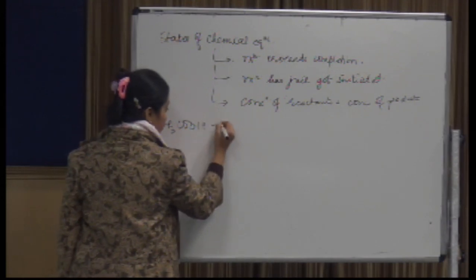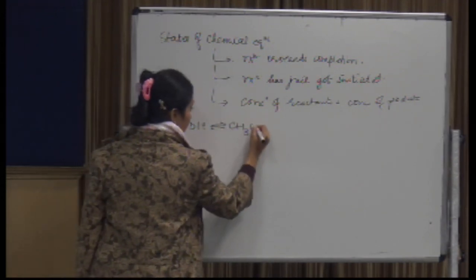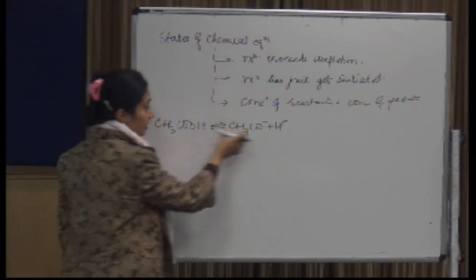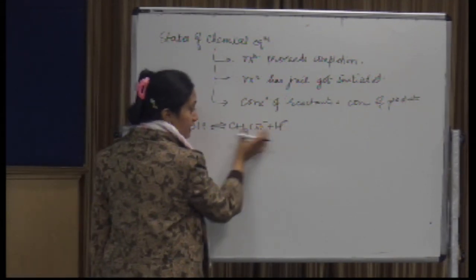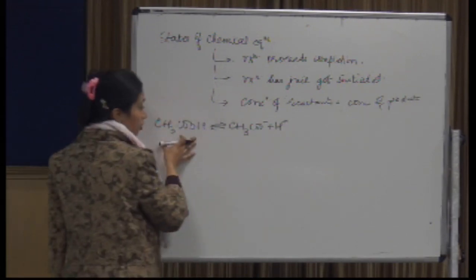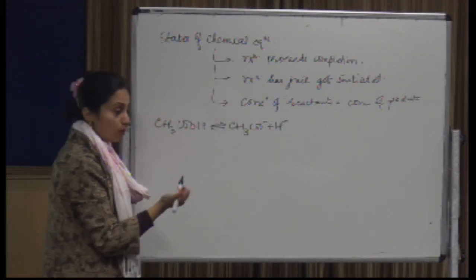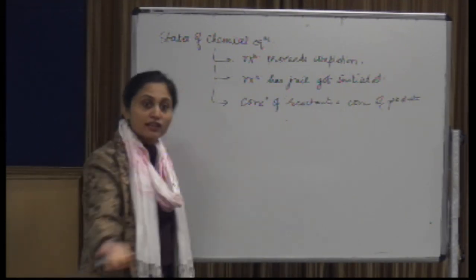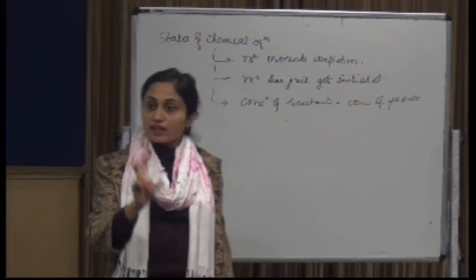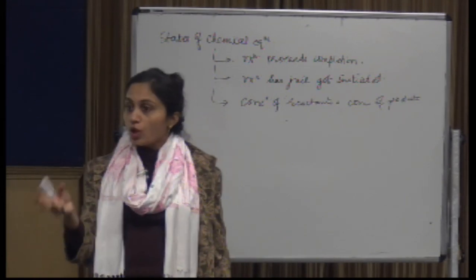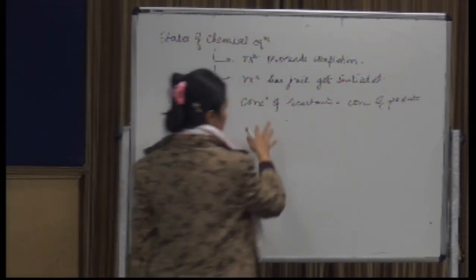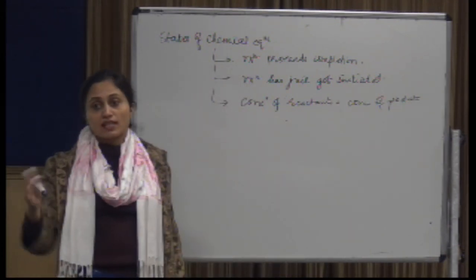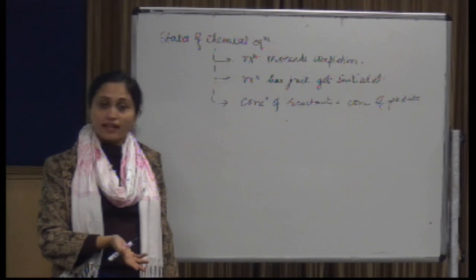In this case you can say that this is a very weak electrolyte, so the dissociation concentration is very low and you have the majority of it in the unionized form. So there can be examples where the reaction has just got initiated and then attained equilibrium, where now there is no further change in composition. Or there can be an appreciable amount of concentrations of the reactants as well as products, where the reaction you can say reached some intermediate state and then attained equilibrium.